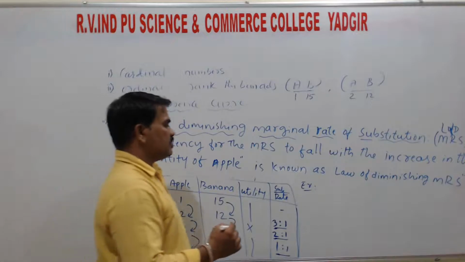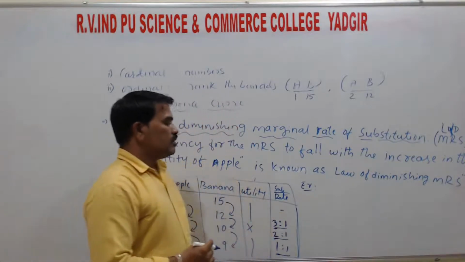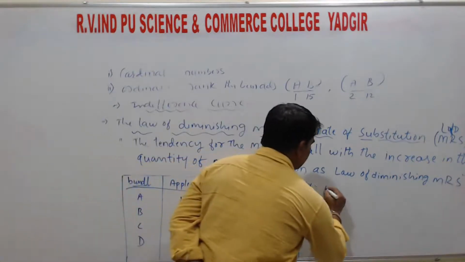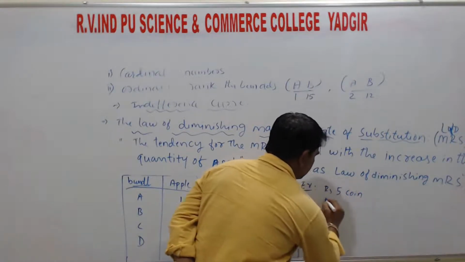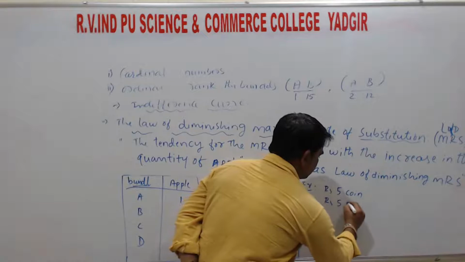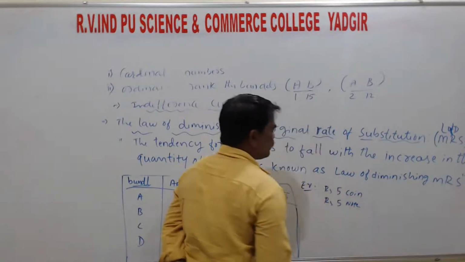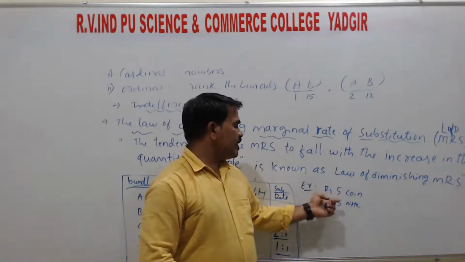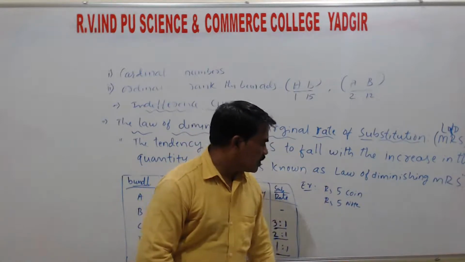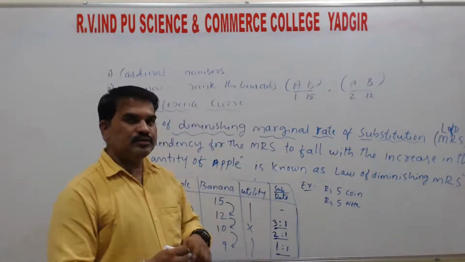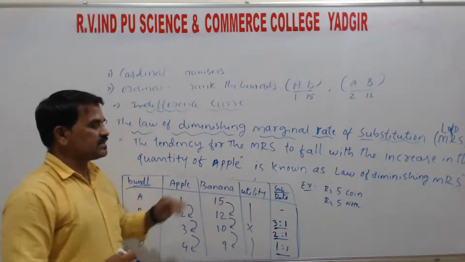It means that, for example, a 5 rupees coin and a 5 rupees note. Okay, so we have these two products, you can say.